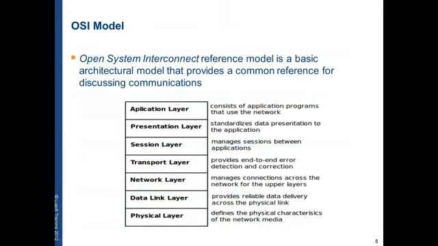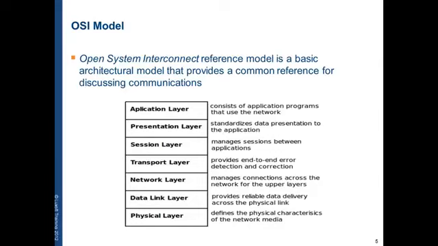The OSI model is an architectural model that refers to systems of communication. It is not used much in practice, but it is very good for teaching purposes. And usually when we refer to layers, L1, L2, L3, we refer to the OSI model, even if we are talking about IP protocols.